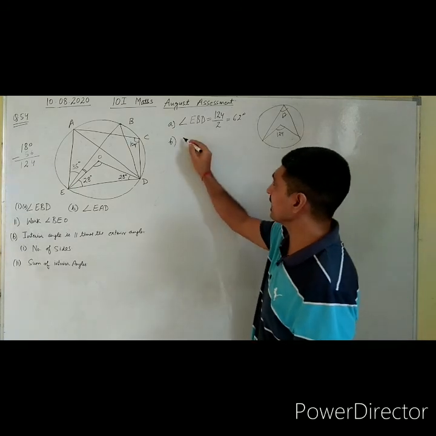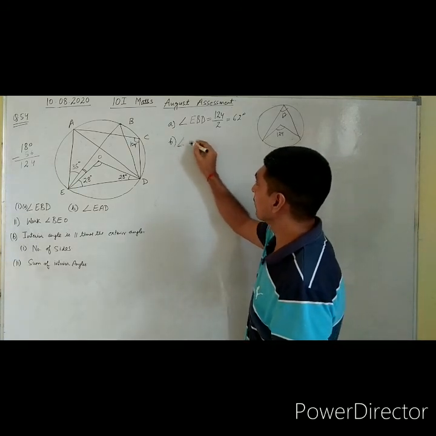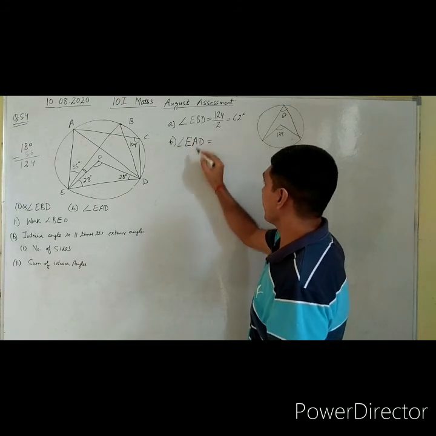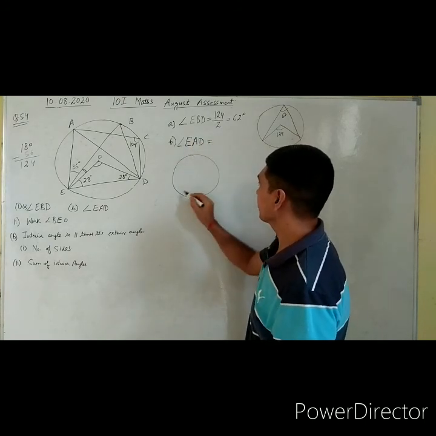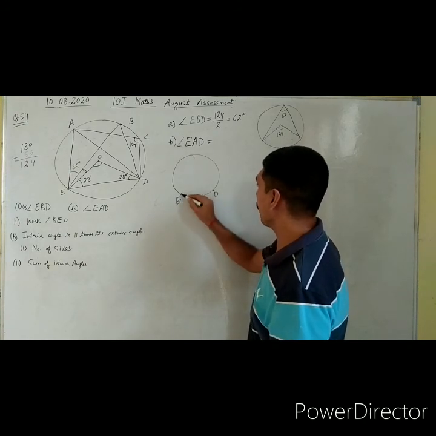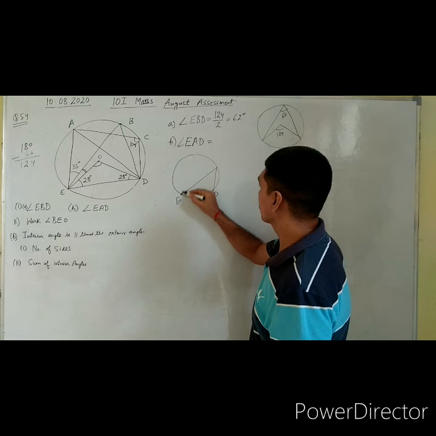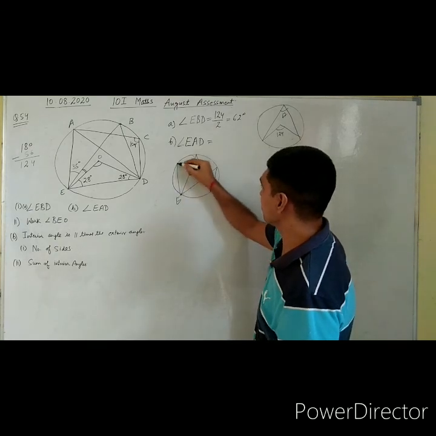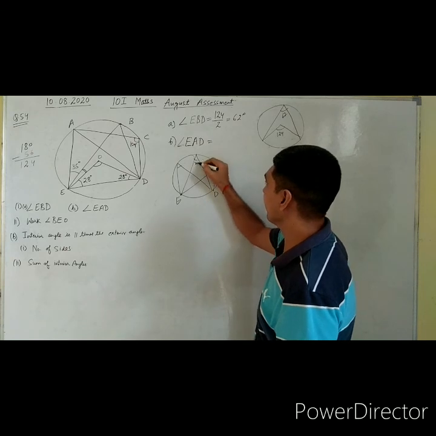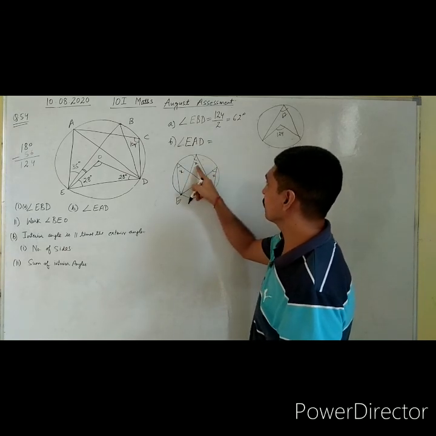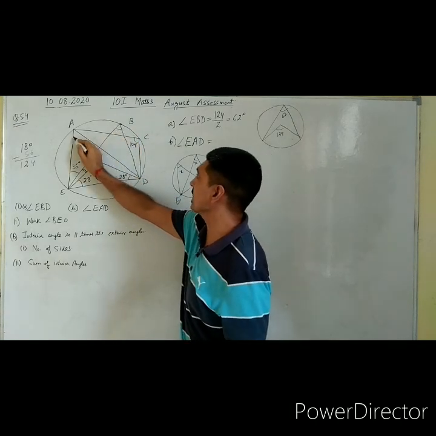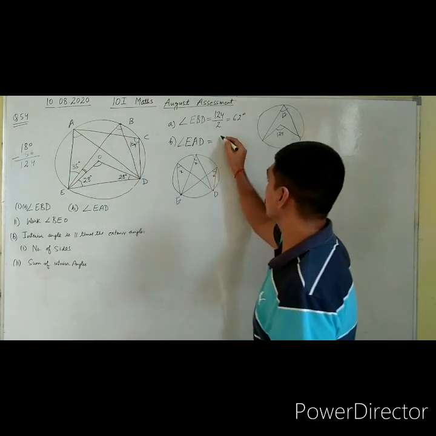Now what is angle EAD? Angles in the same segment: if we have the two points E and D, all these angles are of the same measure. So if x is 62, this angle is also 62. So this angle is supposed to be 62 degrees.